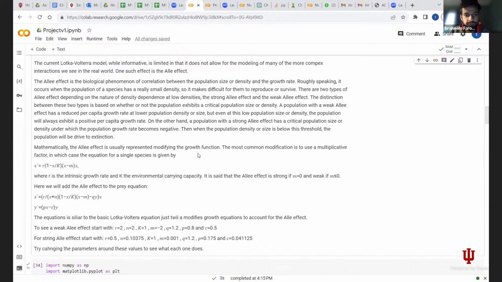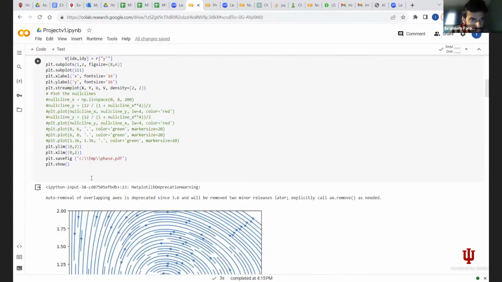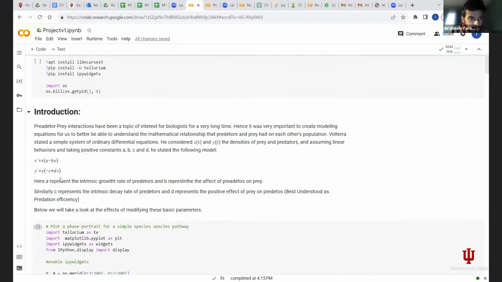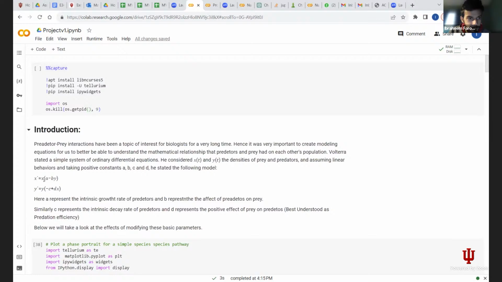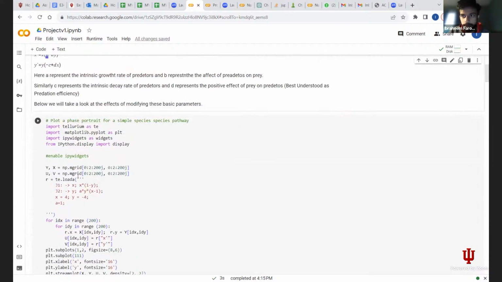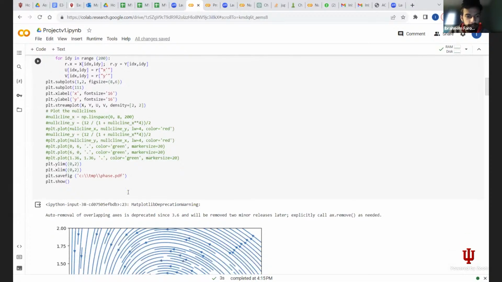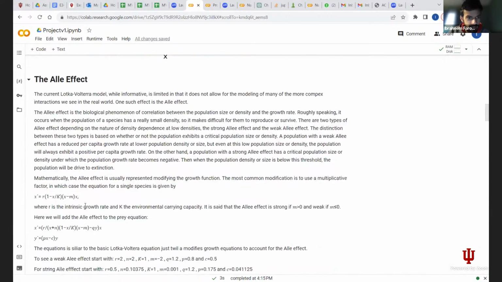Mathematically, this is represented by modifying the growth function. If we look in the simple Lotka-Volterra model, this can be substituted in this component when it's multiplied by the a. That's the growth function of the prey, sorry. So that can be substituted by this equation.